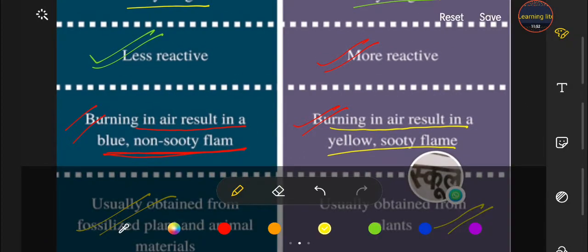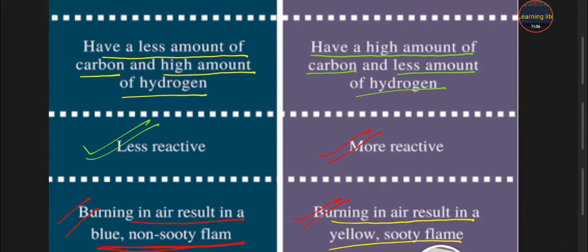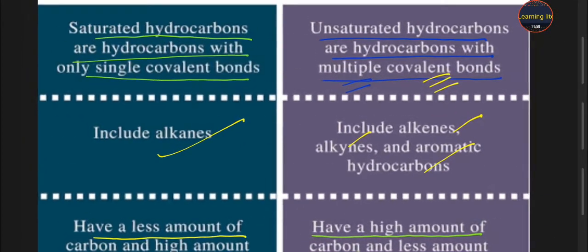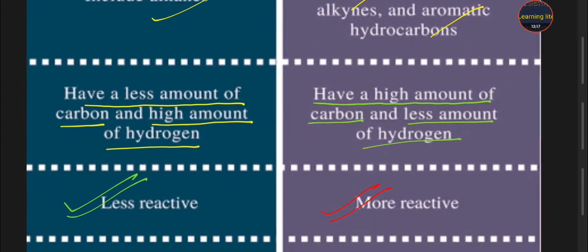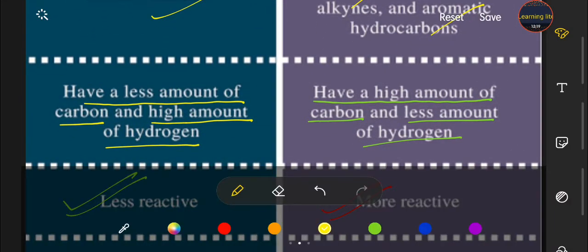Okay, students, this is the difference table between saturated and unsaturated. I think it is clear to you. You can note it from there. First, saturated have single covalent bonds and include alkanes, and on the other side, unsaturated have multiple bonding like double bond, triple bond, like alkene, alkyne and aromatic. Third, they have a small amount of carbon and a high amount of hydrogen.